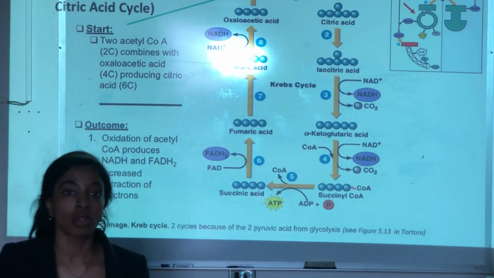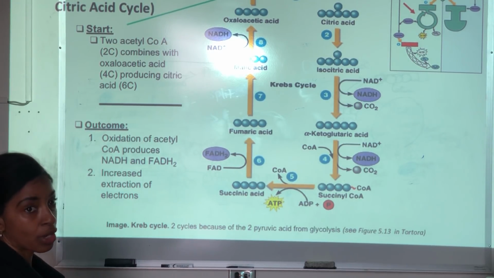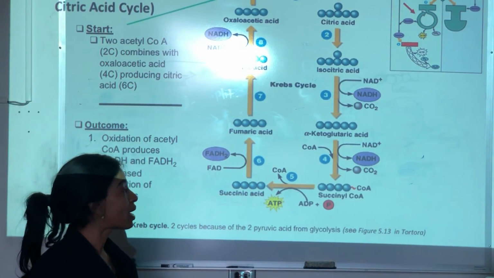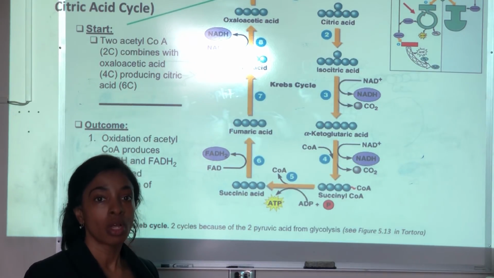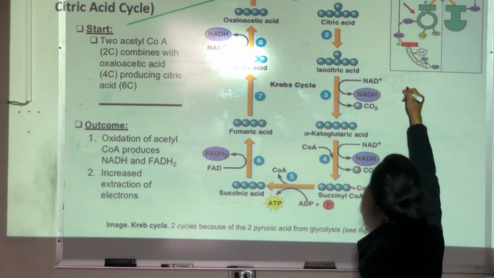During the Krebs cycle, the molecule of acetyl-CoA that was made will now enter. And the goal of the Krebs cycle is to remove as many electrons as possible so that we can take them to the electron transport chain.